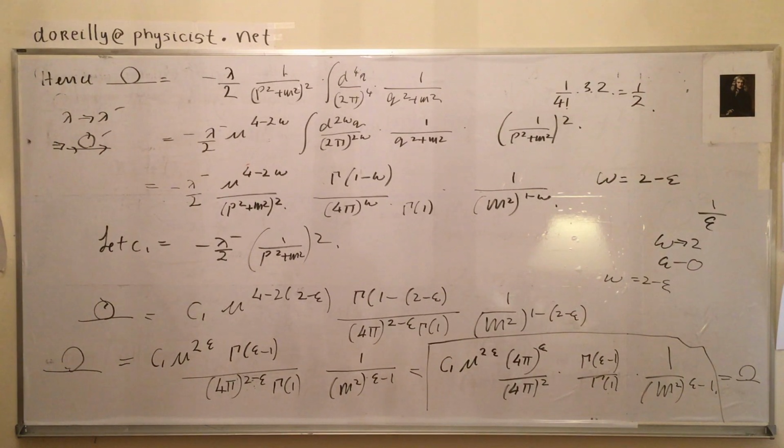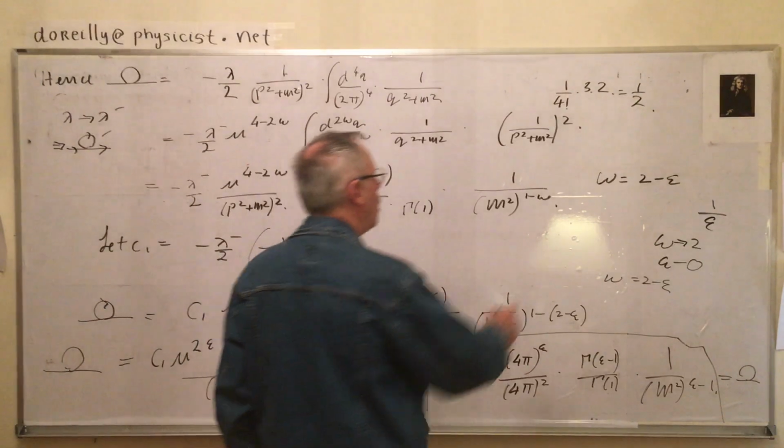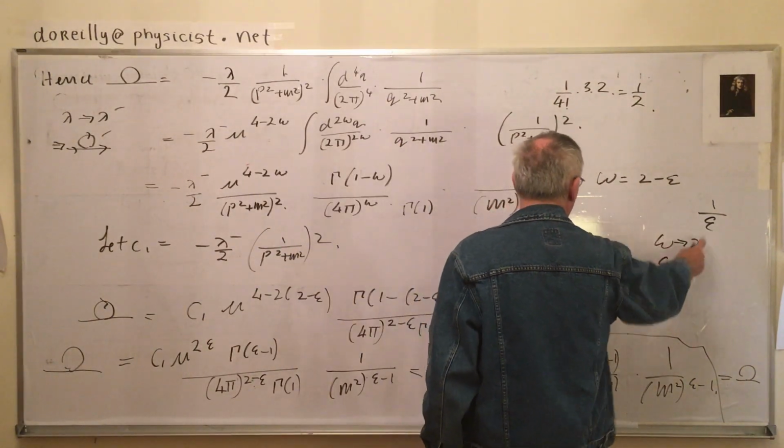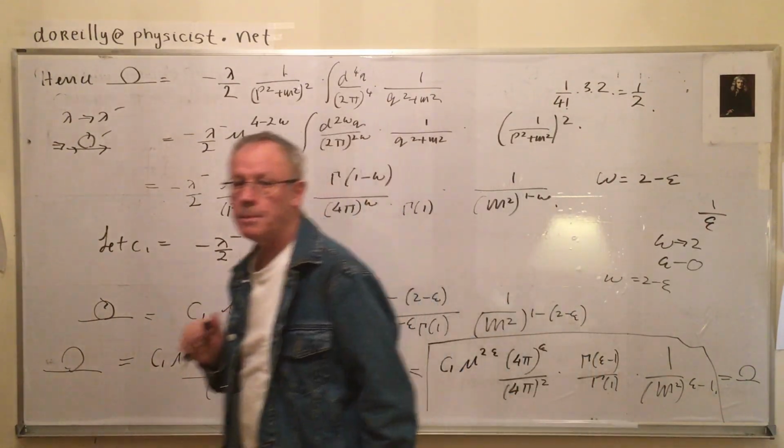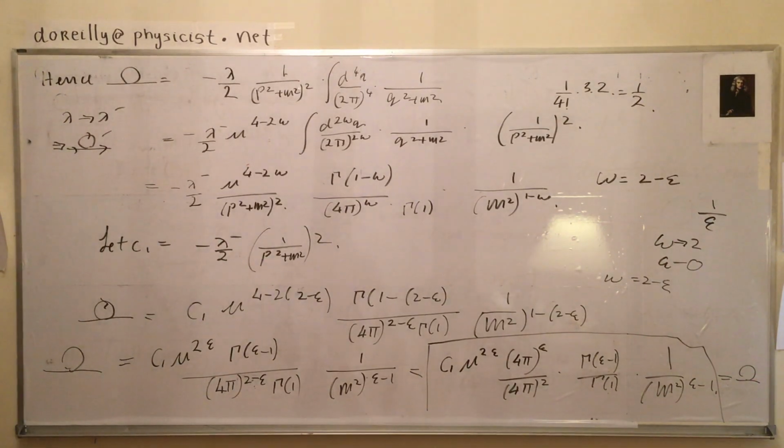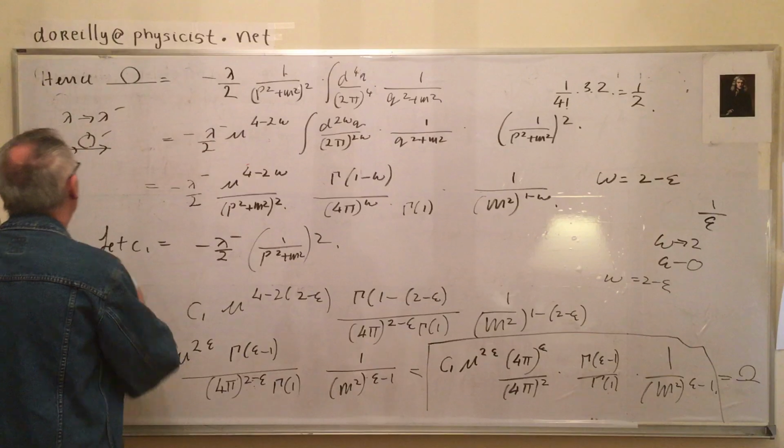All I'm doing here is replacing omega with this guy, 2 minus epsilon, to extract the pole 1 over epsilon, which is going to happen in a minute. And we're using the gamma function.